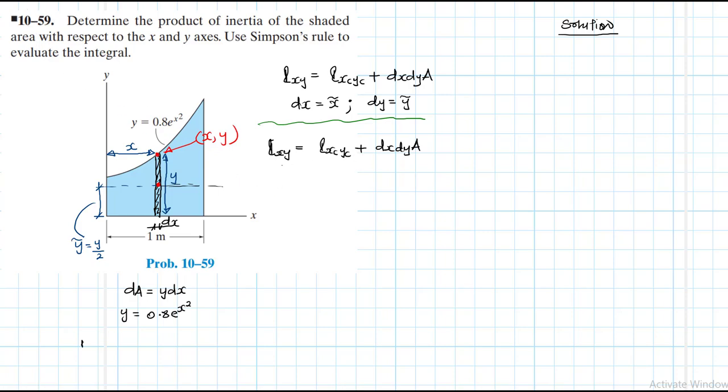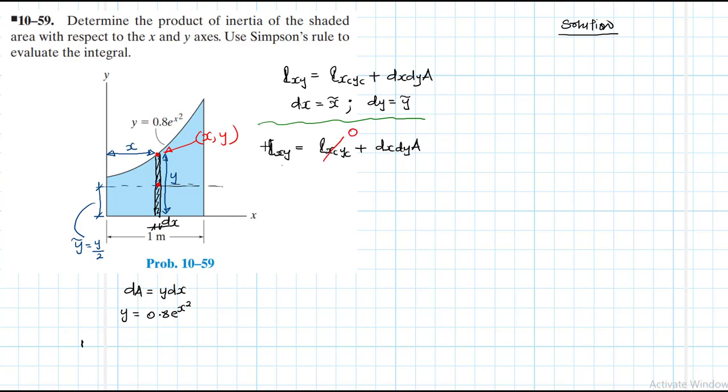So because of symmetry, you just expect symmetry in at least one axis. You expect this part here to be equal to 0, right?